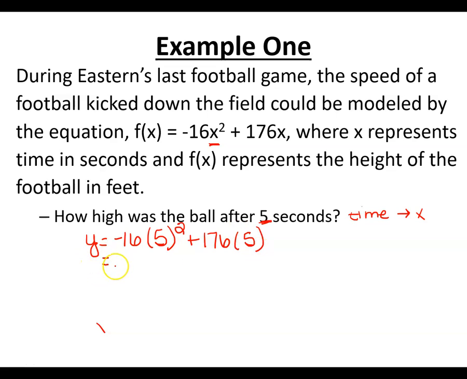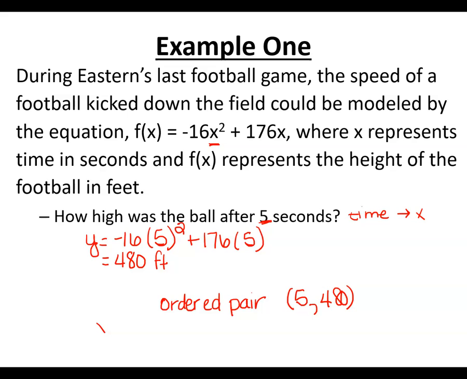And when we put that in our calculator, we should come up with 480 feet. So our ordered pair, if we so chose to write it that way, should be 5 for x and 480 for y.